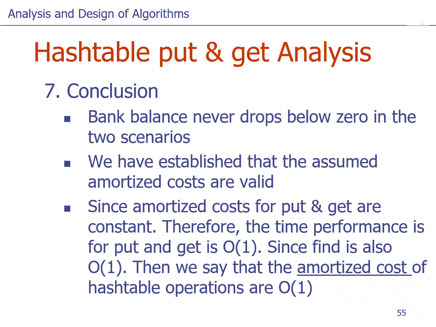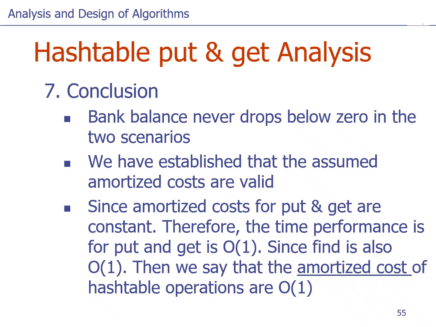So in conclusion, the bank balance never dropped below 0, and we have established that the assumed amortized cost is correct, and consequently we conclude that the amortized cost for put and get together is constant. Where did I get the word constant from?